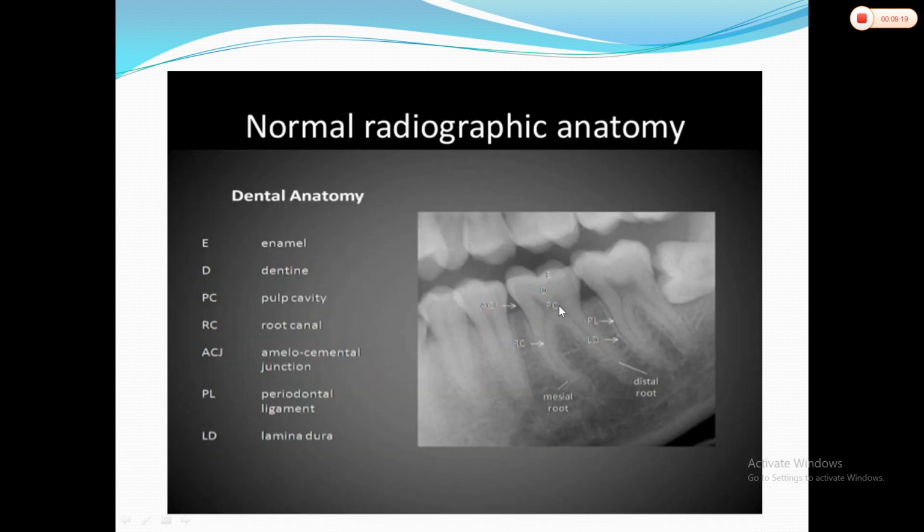Coming to the commonly seen dental structures in a radiograph and how they appear on the X-ray film. You know that calcified structures give a whitish appearance, that is radiopaque, and non-calcified or uncalcified areas give a dark appearance, that is radiolucent.